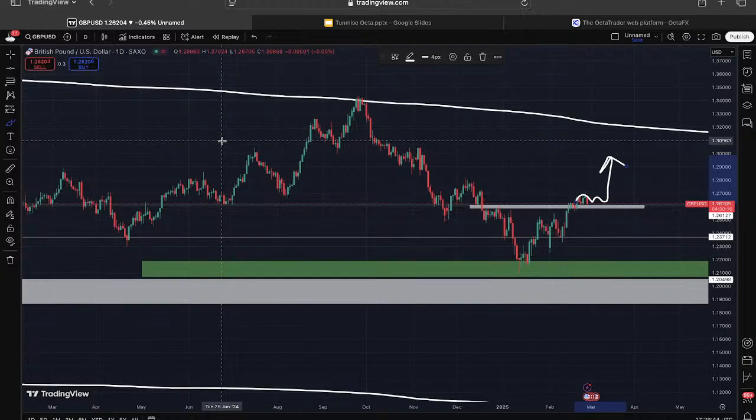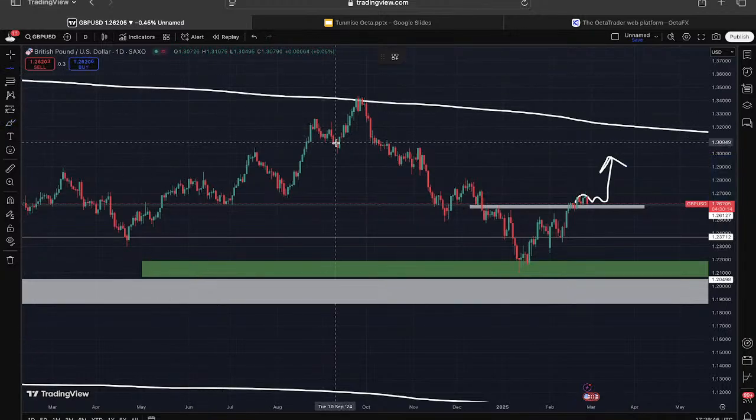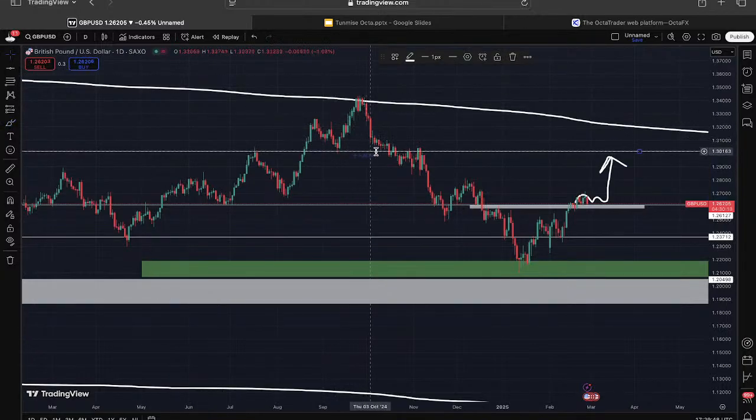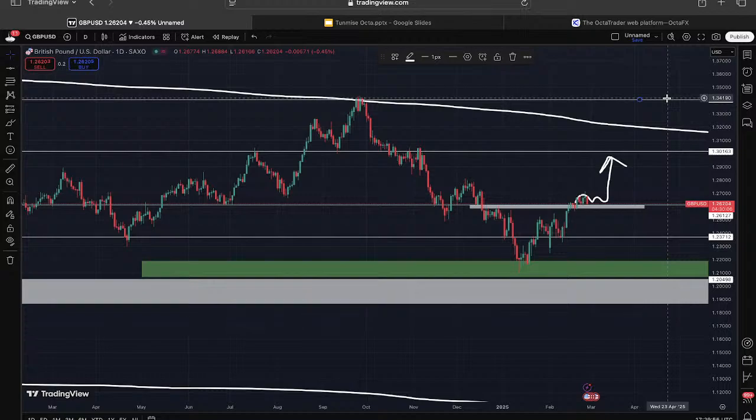The next level of resistance to watch out for is here, and the second level of resistance to watch out for is here. So what do you do with this information? The first level of resistance should be your first take profit target, and the second level of resistance your second.